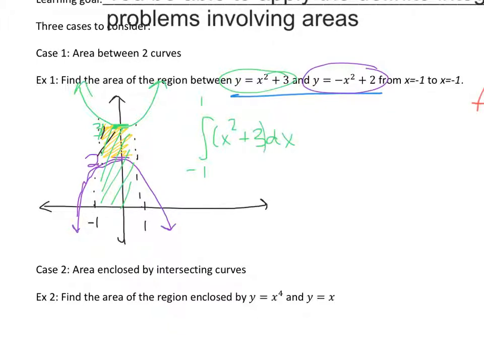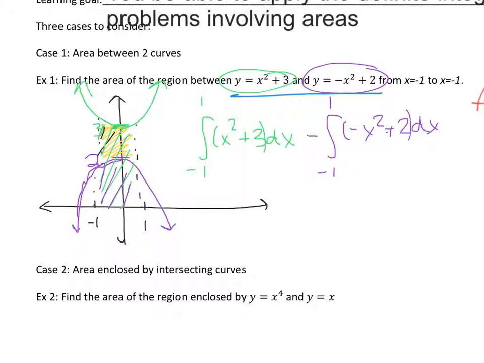Now we need to subtract the area under the purple curve, right? Because we don't want it there. We just want the yellow region. So we need to subtract that integral. Okay, so that's what we need to do.